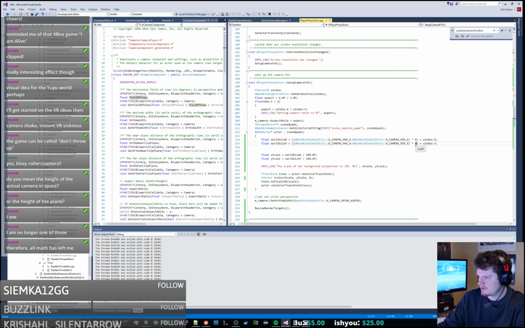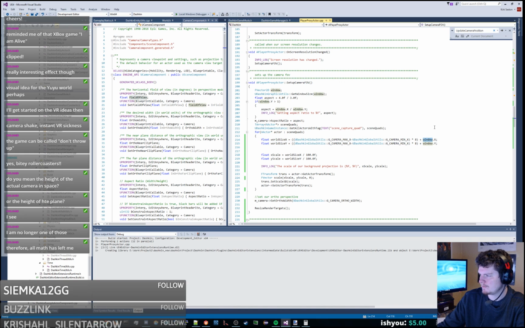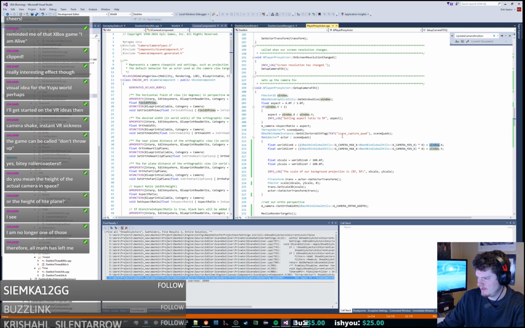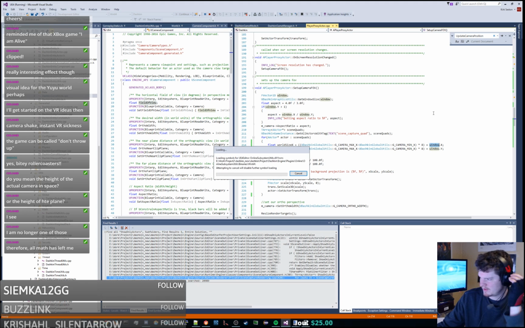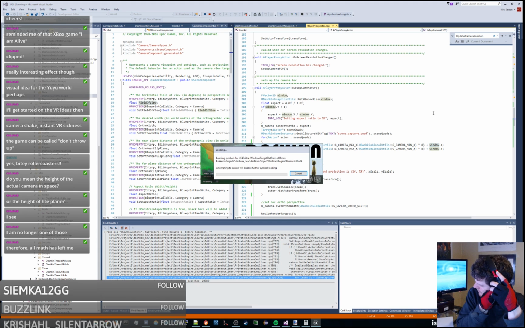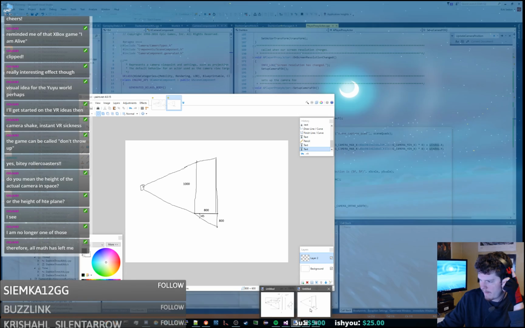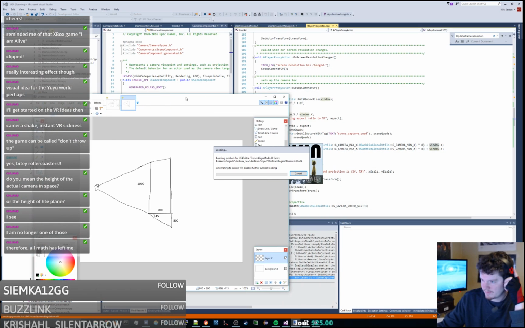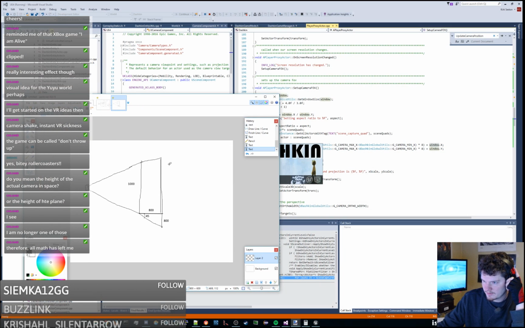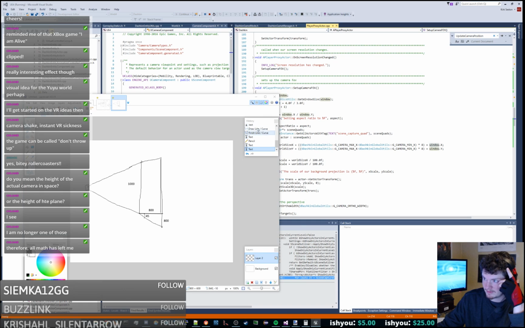But it may be an issue, not with this distance, but with the distance with the window X and Y. If this is supposed to be 800, this height here should be 1,000, so it should just be 1,000 plus 1,600 and all that.